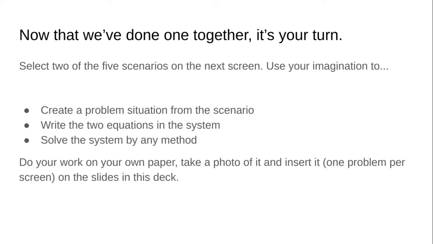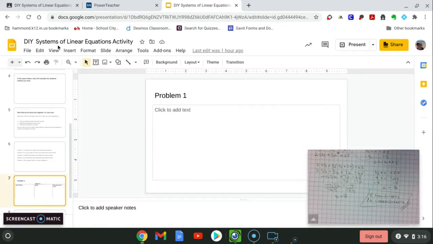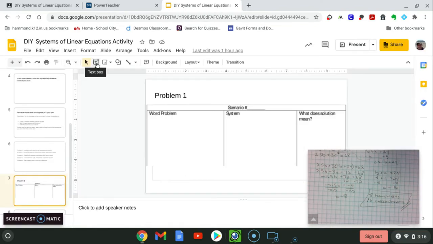And you're going to use your imagination to create the word problem. So you're going to come up with how many things got sold and how much they cost and so forth. You'll write your 2 equations for the system, and then you will solve the system by any method that you wish. Okay? What I'd like for you to do is to do the work on your own paper and go ahead and insert the photo into the slides. But what quite a few people had done is they did a text box, which is this icon right here.